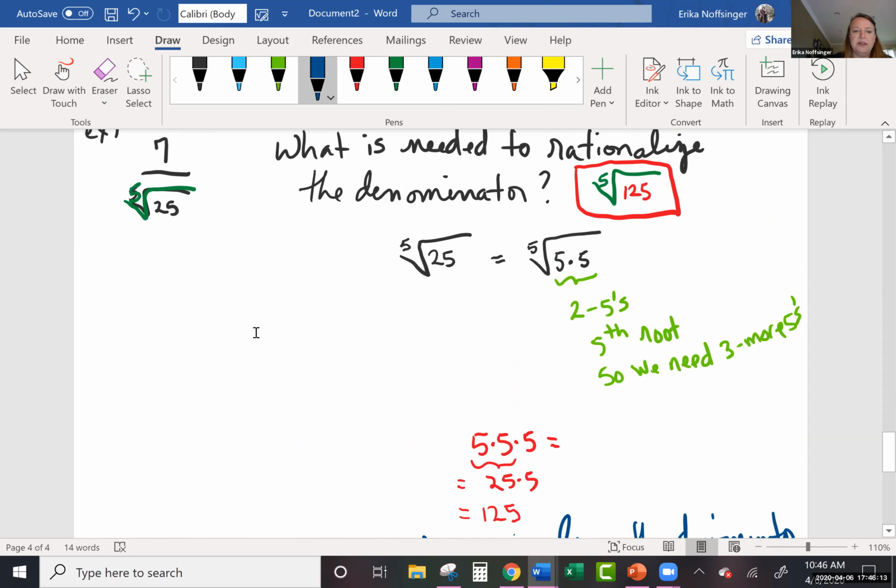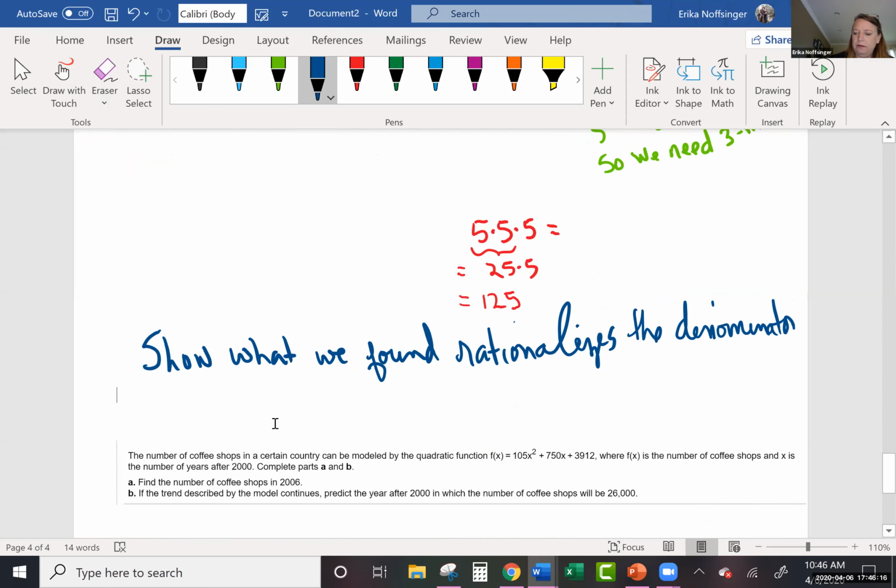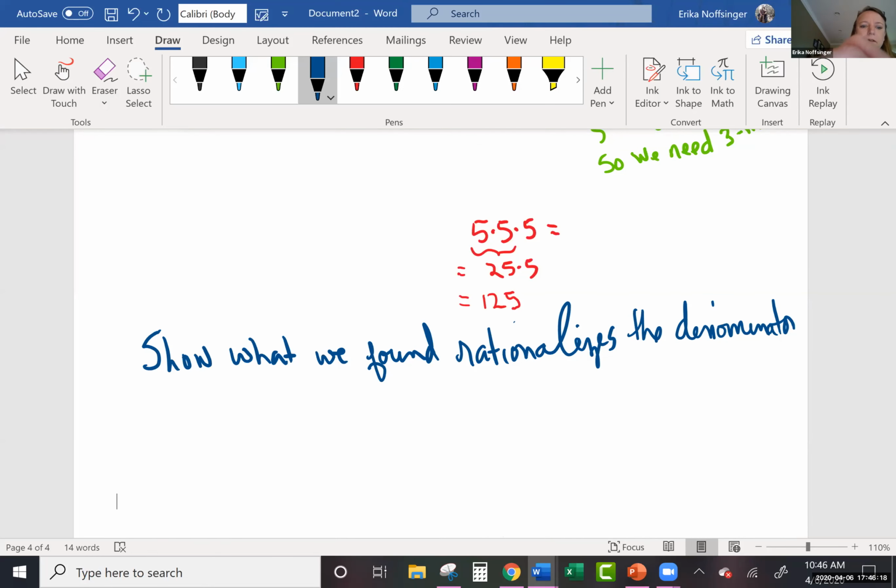What do we have? So we had 7 over the 5th root of 25.